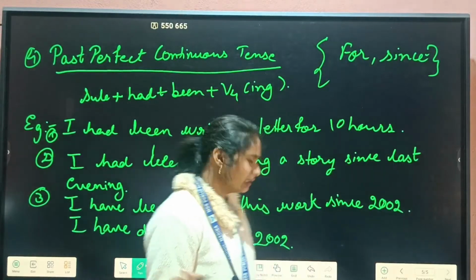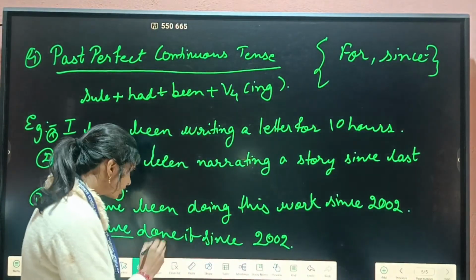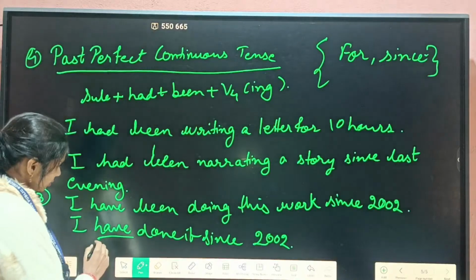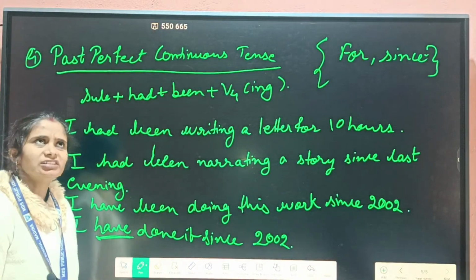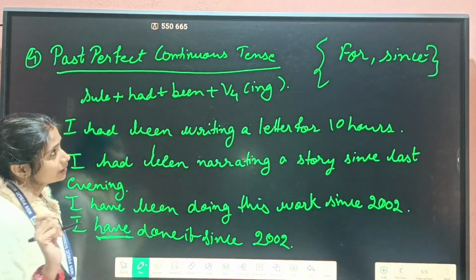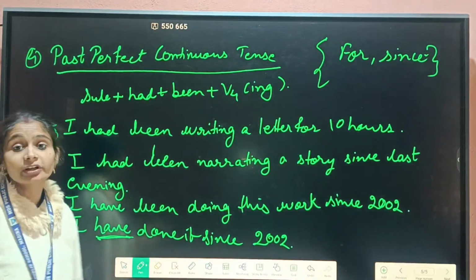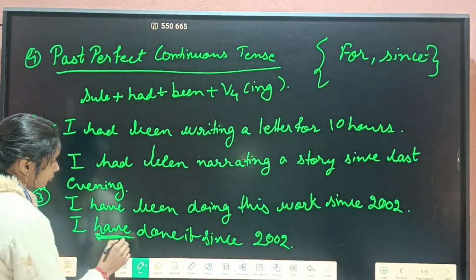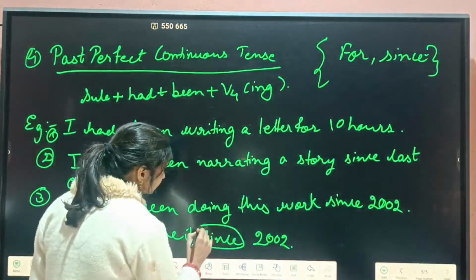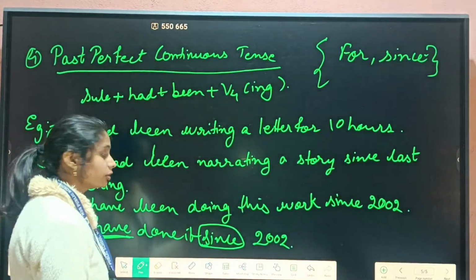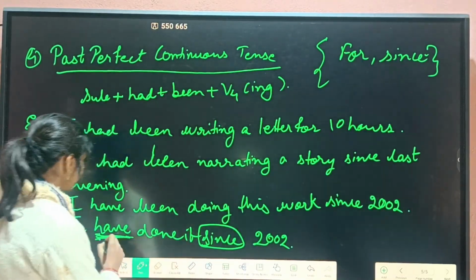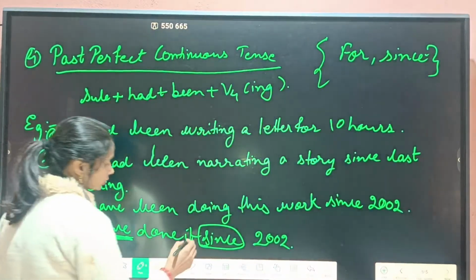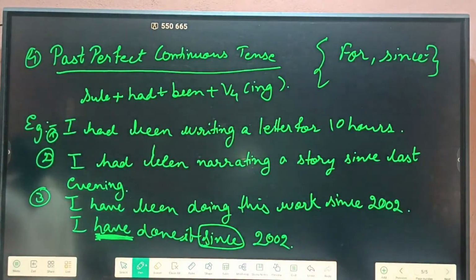Now you have to think, ma'am, I have done, this is not past perfect continuous. Have is basically used in present perfect. Why are we using this here? What is the logic? So you have to think of it. With have, if you are using since and you started your work in the past, then you can use I have done it since 2002.